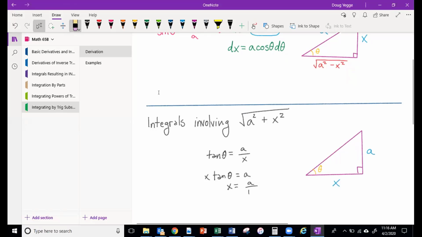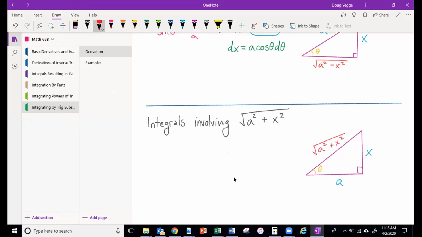So the point here is that I could use a over x, but instead, let's use x over a to force that to be tangent. So if that's x and that's a, then the Pythagorean theorem gives me my missing side, which is the square root of a squared plus x squared.